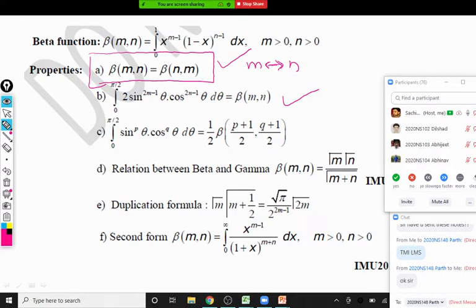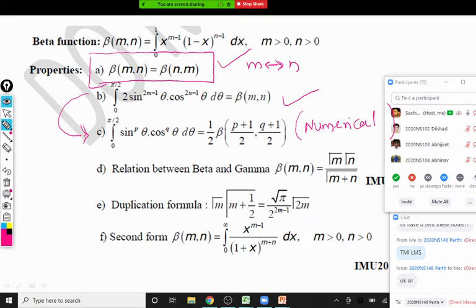In the third property, actually this is not really a property. It is the same property converted into another form, and it is mainly used to solve numericals. The third property generally never comes for proof. We just solve examples where the integral from 0 to pi by 2 of sin raised to p theta cos raised to q theta d theta is there.